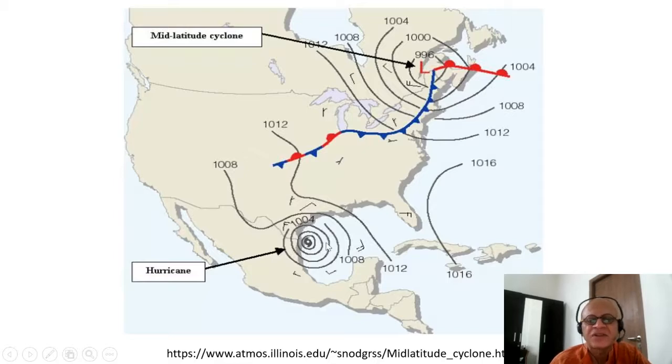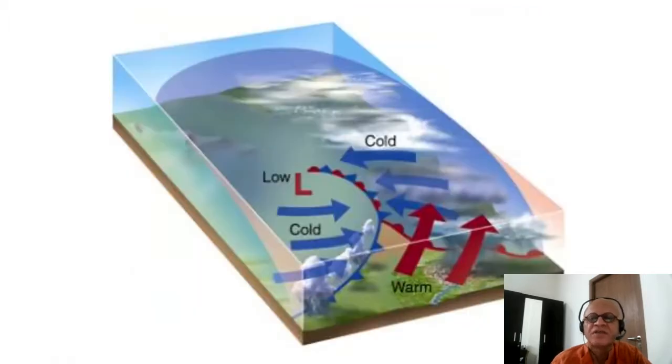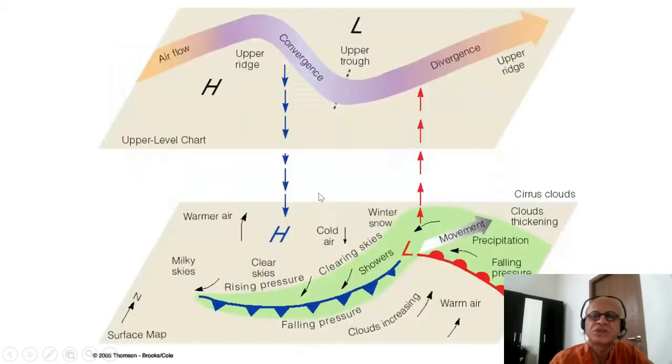And here is just a schematic of a cyclone with its counterclockwise flow, and there is the front, forming a mid-latitude cyclone, just as an example. If you look at the structure, you get cold and warm fronts combining, and depending on how strong they are and how the occlusion goes, the fronts can get wrapped around each other.